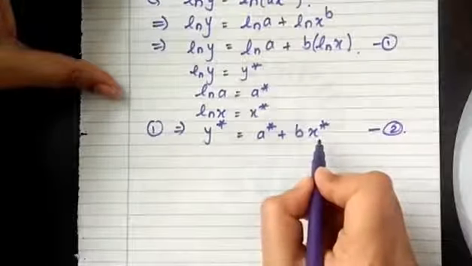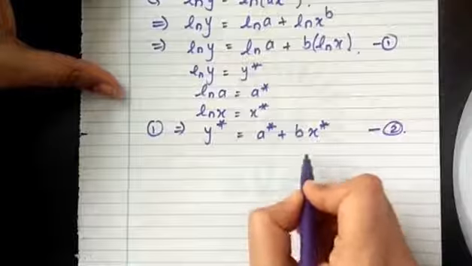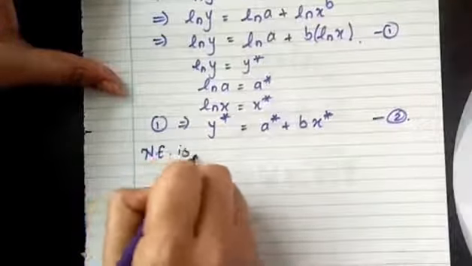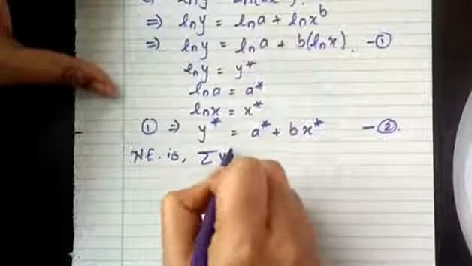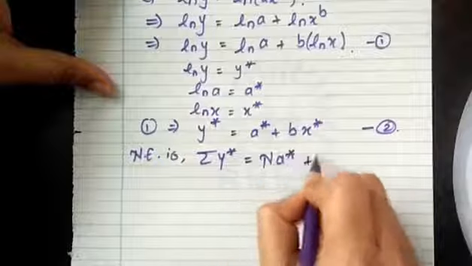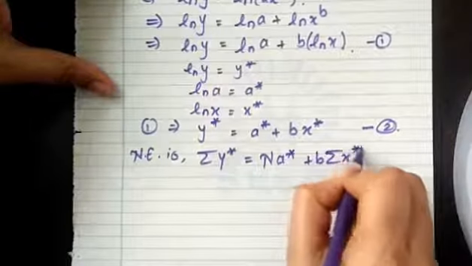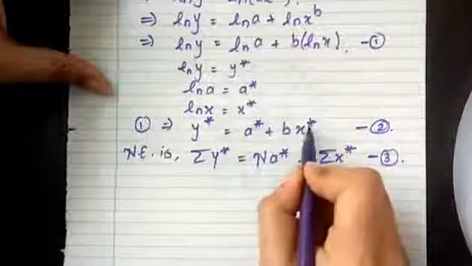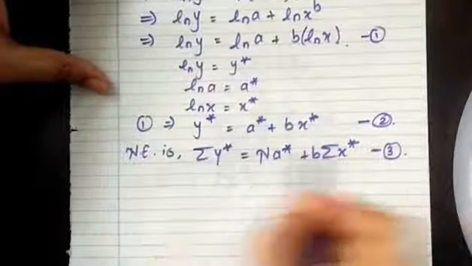As here is x star, we have to multiply by x star. So the first normal equation is summation y star is equal to n a star plus b summation x star. This is your first normal equation. As the power of x star is 1, there are two normal equations.